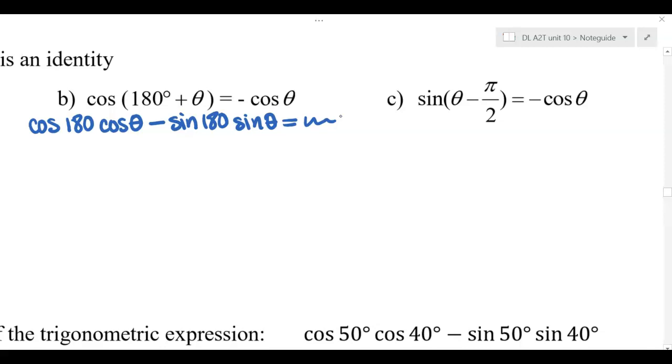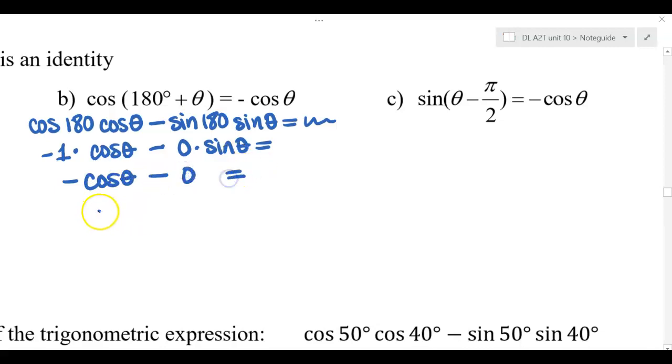I'm just trying to make it clear to you that there is something over there that I'm not writing. Cosine of 180 is negative 1, excuse me, times cosine theta. And sine 180 is 0 times sine theta. So this will be negative cosine theta minus 0.